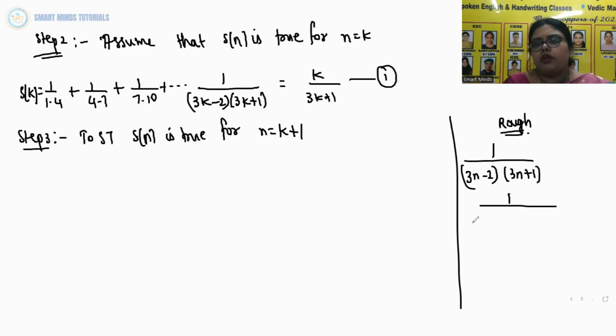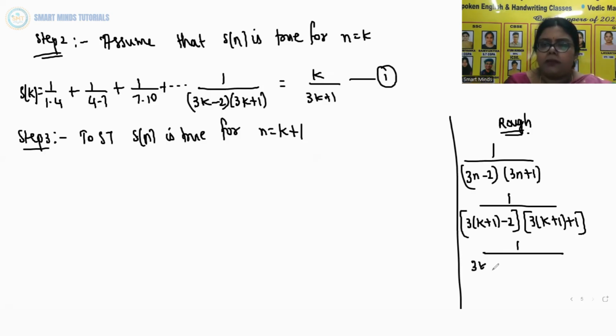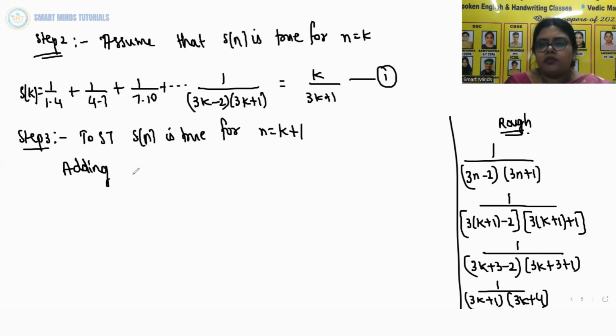Now put n is equal to k plus 1. 3 into k plus 1 minus 2 in one bracket, then 3 into k plus 1 in the second bracket. So 1 by 3k plus 3 minus 2 into 3k plus 3 plus 1. So that is 1 by 3k plus 1 into 3k plus 4. This is the k plus 1th term which we need to add on both sides.